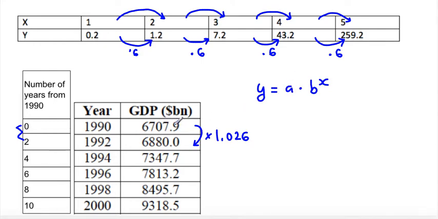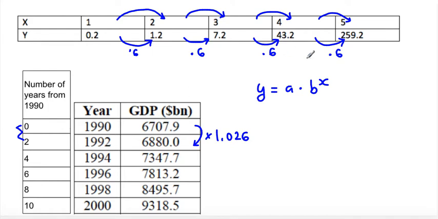It comes from substituting 0, 6707.9 into this formula. Because b power 0 is just 1, I end up with the y value 6707.9 equals a.